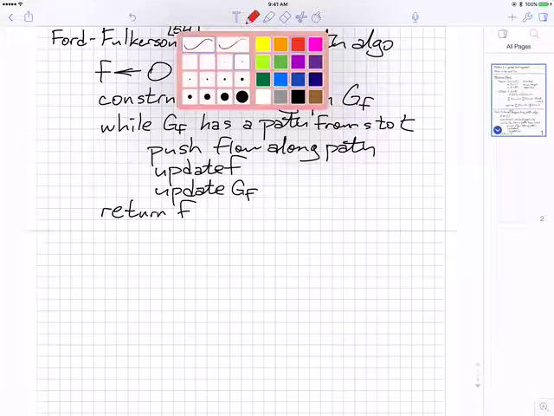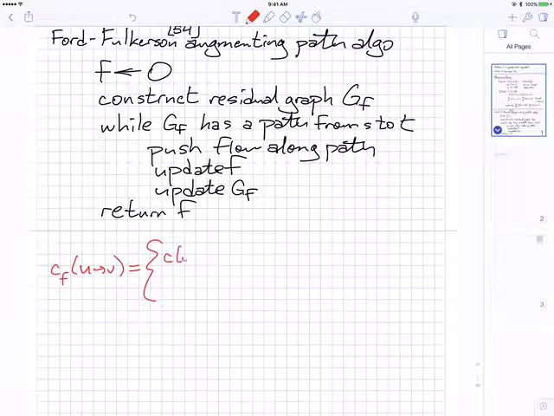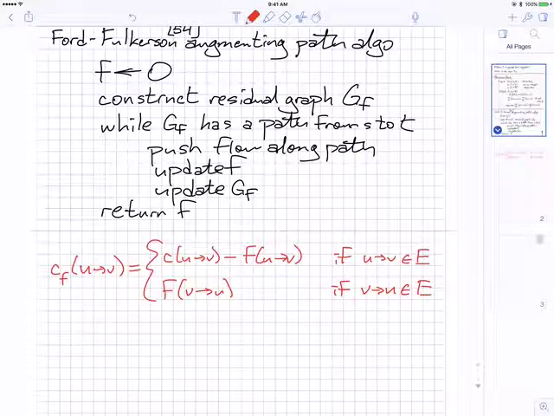So the formal definition of this is that the residual capacity of any edge is defined to either be the original capacity minus the current flow value, if this is a forward edge, or it's defined as the flow in the reverse thing if this is the reverse of an original edge.